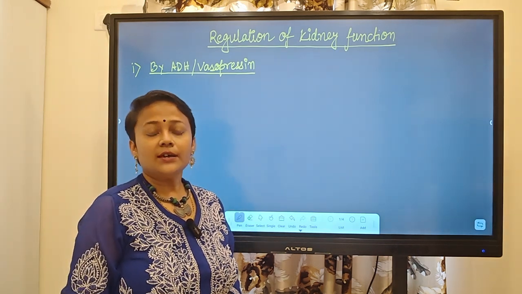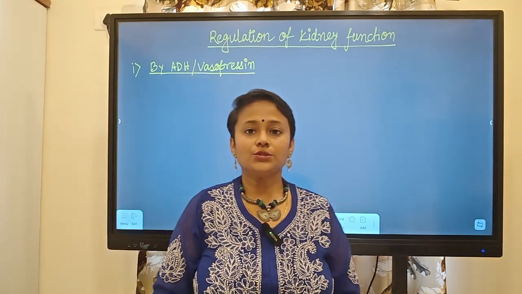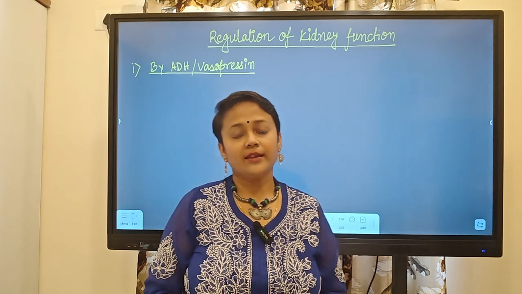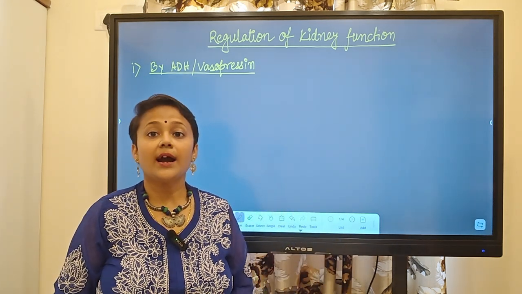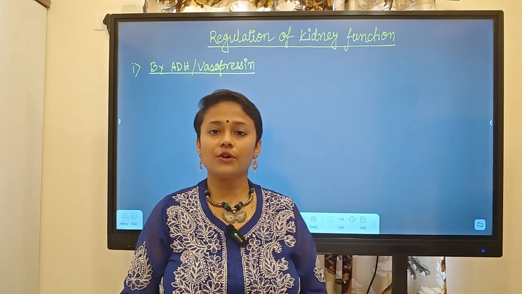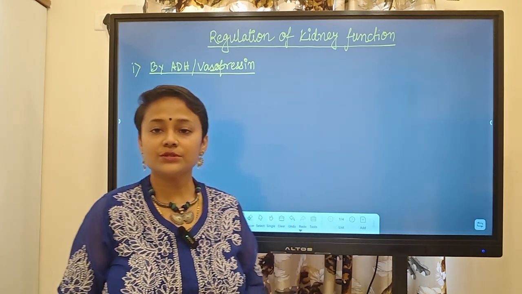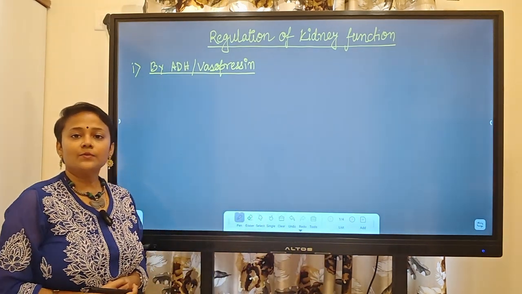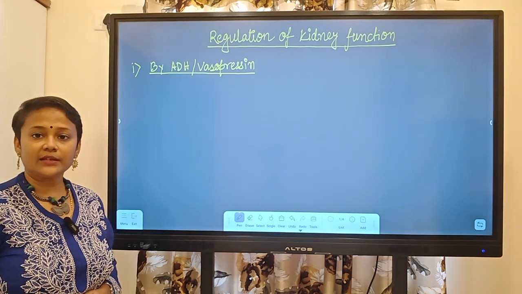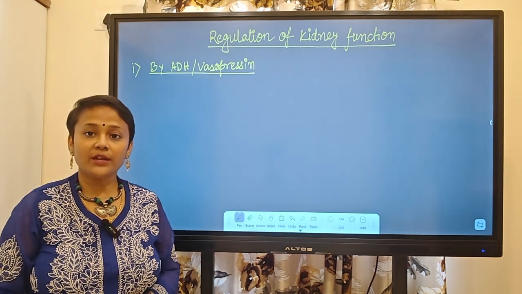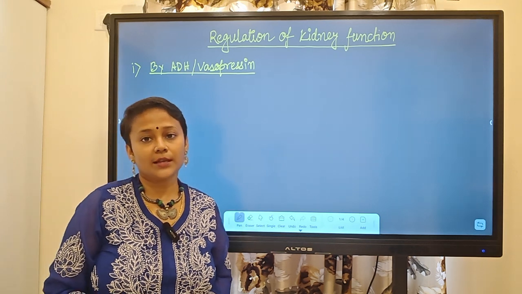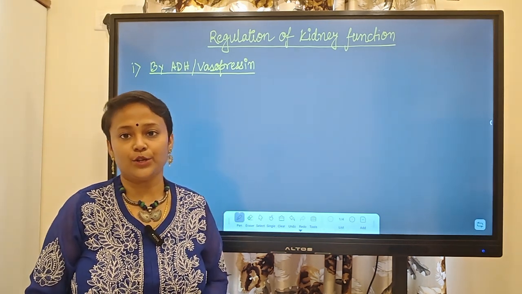Suppose there is a loss of body fluid, then the fluid volume of our body will reduce and the ionic concentration will reduce. So at that time, there will be secretion of ADH, or anti-diuretic hormone. From where will it be released? It will be released from the posterior pituitary.